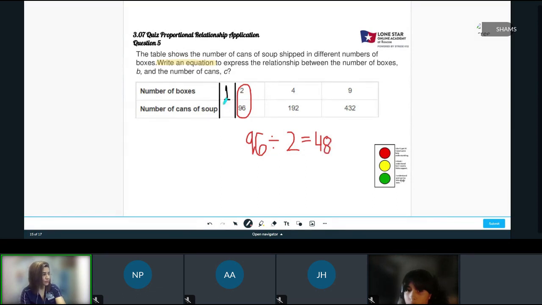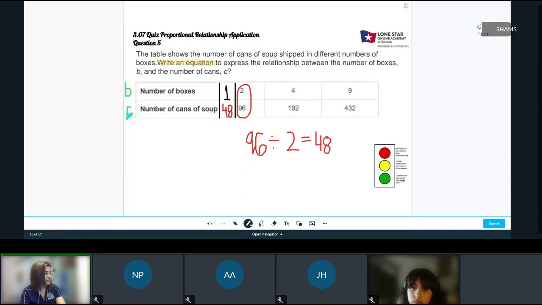Everybody, now that you know in 1 box there are 48 cans, express this as an equation. And use the terms that they ask you to use. Don't use Y and X. They want something like C and B. B is boxes, C is cans. Let me go write those variables that they want you to use. They want you to give the answer in terms of C for cans, B for number of boxes.